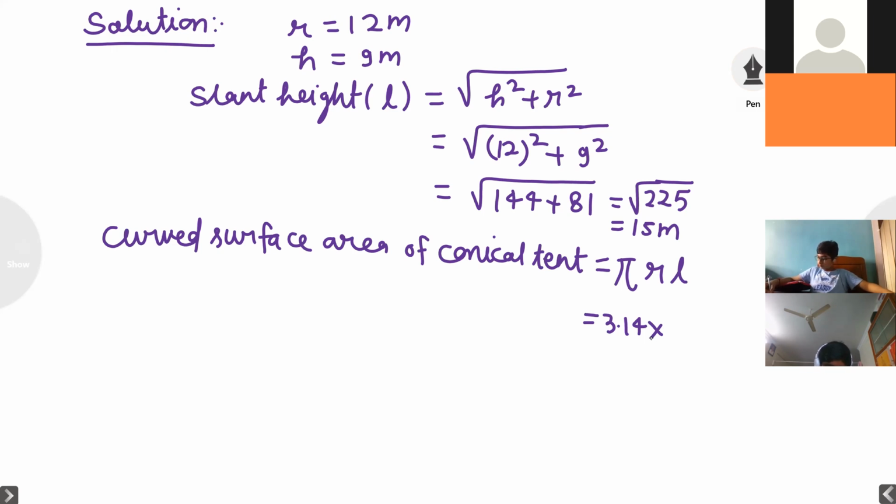Radius is 12 meter and slant height is 15 meter. 3.14, we have assumed.